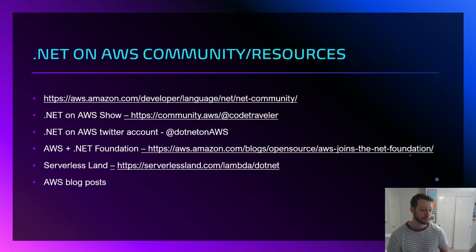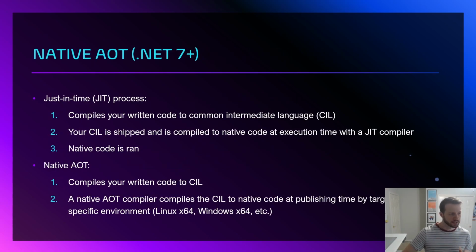I believe the last episode had Norm, I can't remember his last name, who does a bunch of the .NET on AWS stuff, and David Fowler talking about Aspire. The .NET on AWS Twitter account retweets a bunch of things that people in the community are posting about. AWS is actually a sponsor of the .NET Foundation. Serverless Land has some good content out there. And then there are the AWS blog posts, some really great content about how to do .NET specific things on AWS.